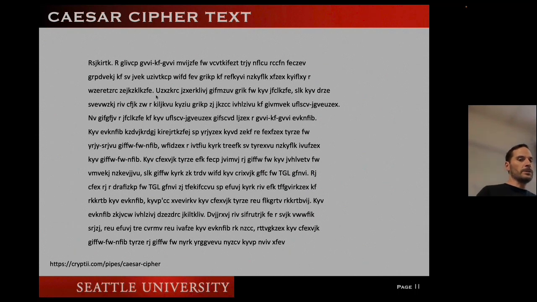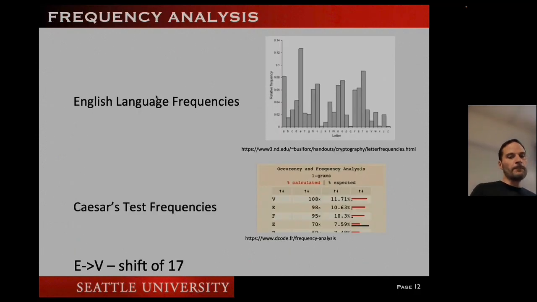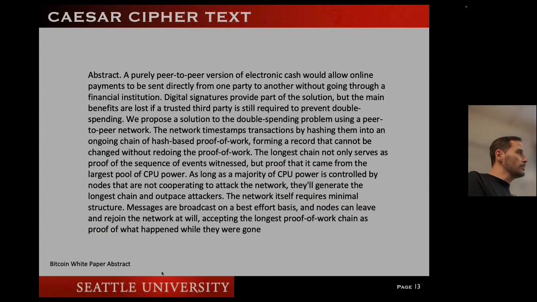And say, which letter is most frequent? And that's what is shown on the bottom here. You see most frequent is the letter V. And so that implies you have a shift of 17 based on just those two data points. And if you do that, then it allows you to decrypt it.